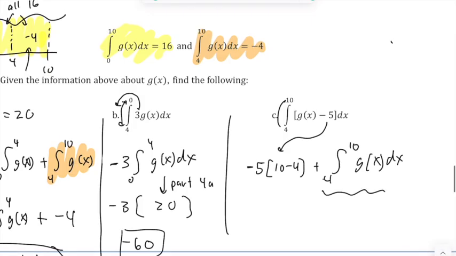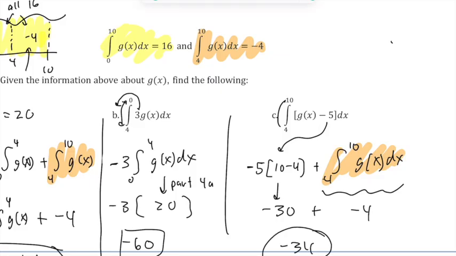And we know this value is equal to negative 4. That's given here. And then completing this last one, this is going to be negative 5 times 6, which is negative 30, plus negative 4. So we have an area of negative 34.